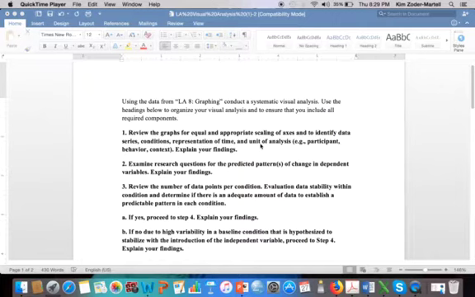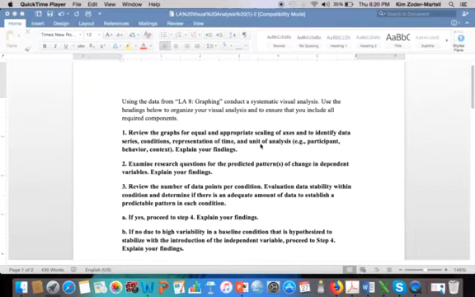Look at the representation of time, so is it an appropriate unit of measurement on the x-axis? And then you look at the unit of analysis. What are we looking at? Are we looking at individual participants? Are we looking at one participant with multiple behaviors or multiple contexts? And you just want to provide a summary statement here about whether or not all of these things are adequate.